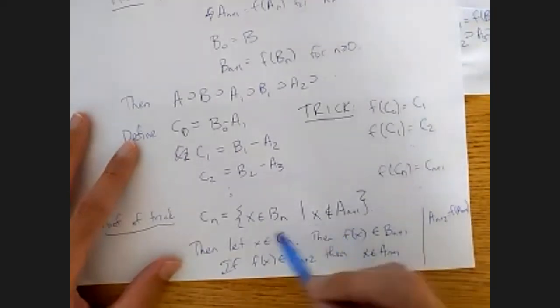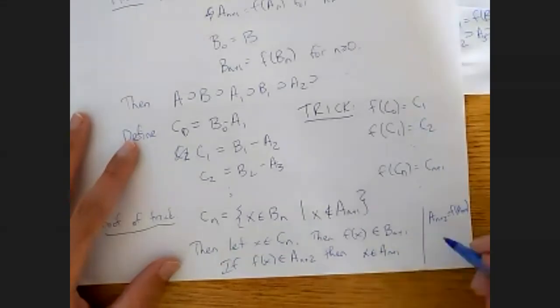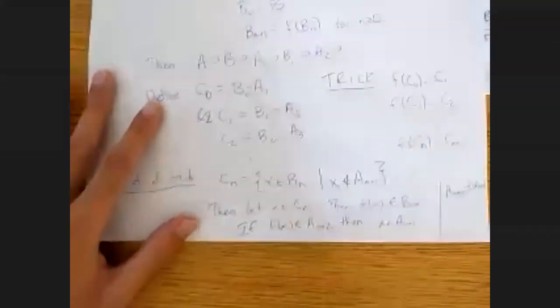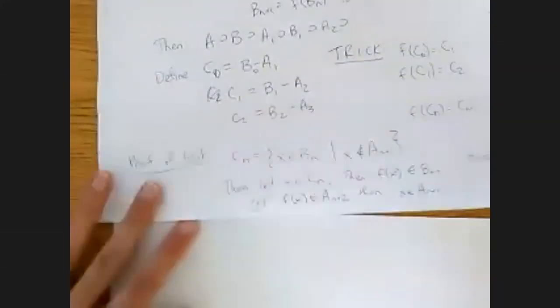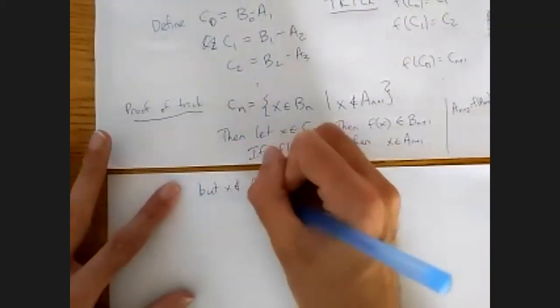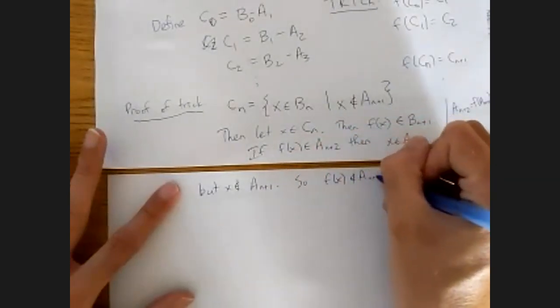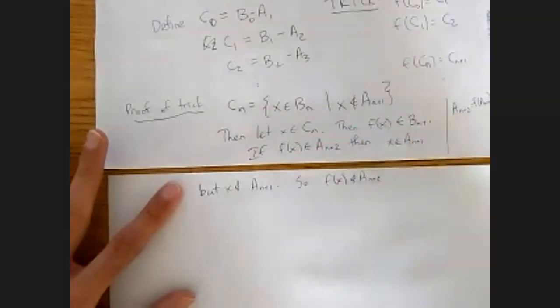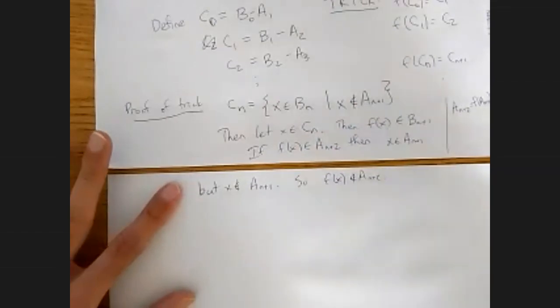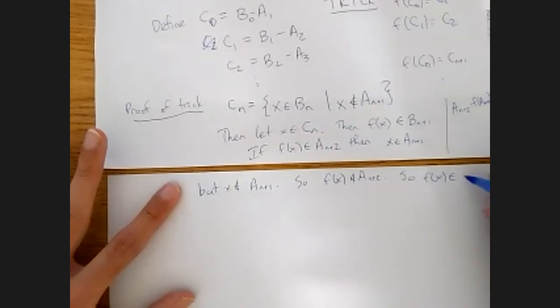That would mean that x was not in C_n. Okay. So x is not in A_{n+1}. So f of x is not in A_{n+2}. In other words, f of x is in C_{n+1}.